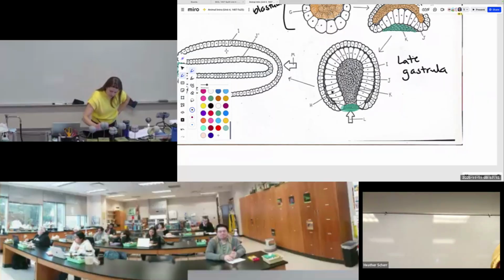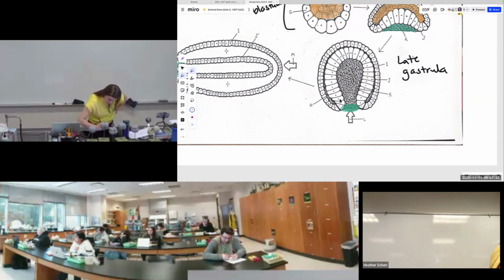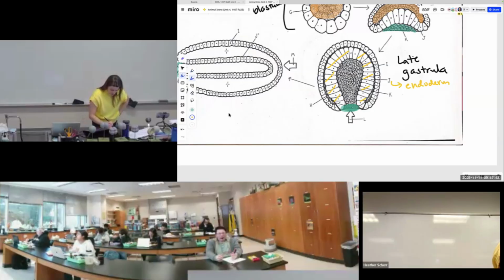Okay, I'm gonna use yellow or orange, whatever you were using before. Right, these stripes. That layer there is the endoderm.